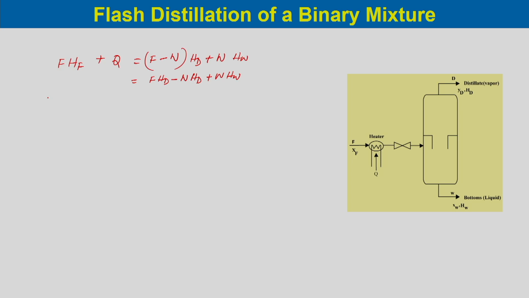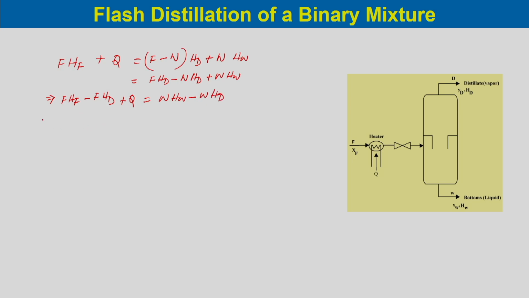So, if we rearrange, F HF minus F HD plus Q would be equal to W HW minus W HD.